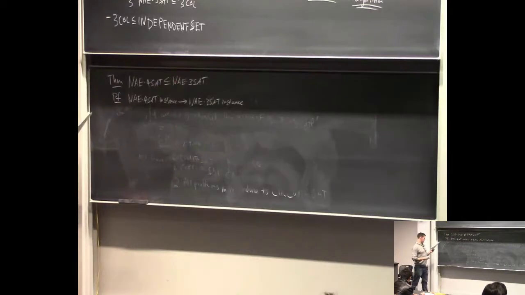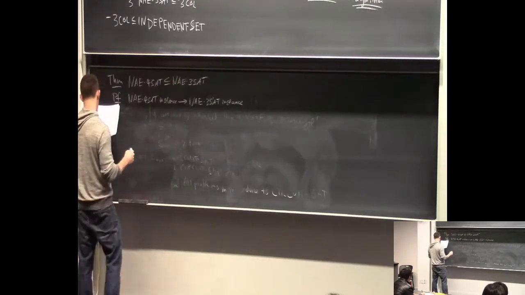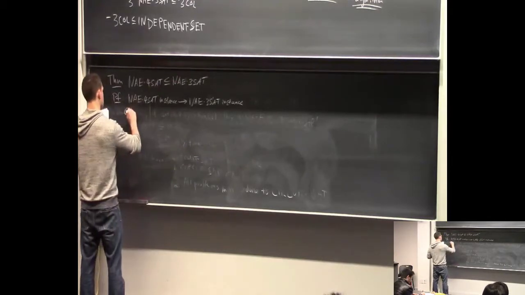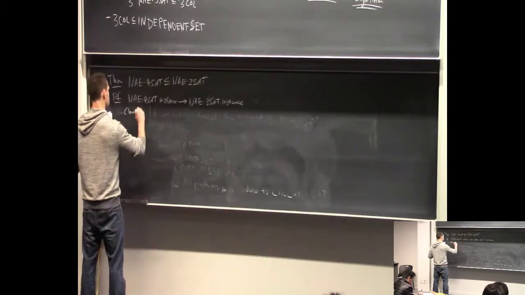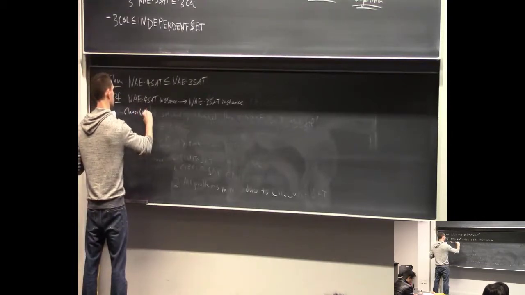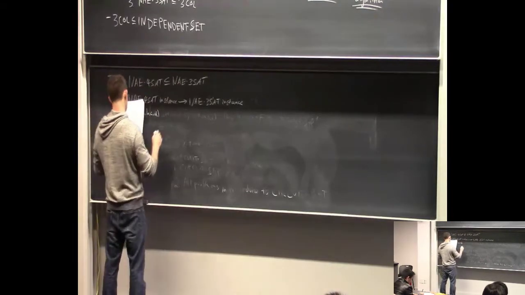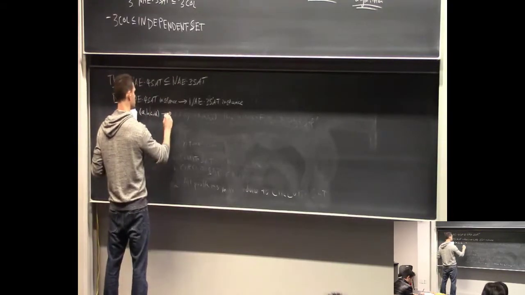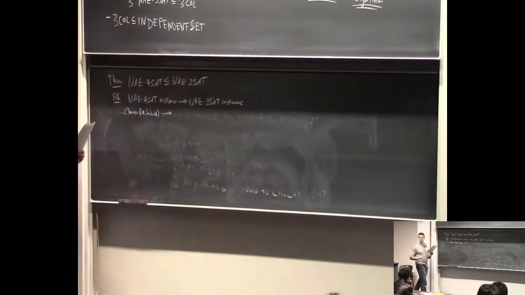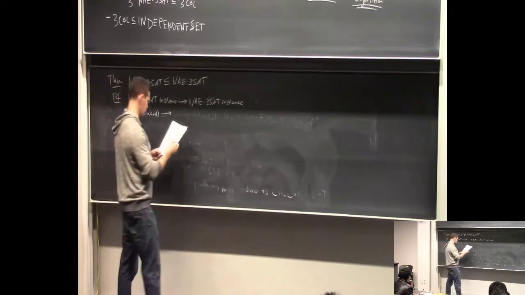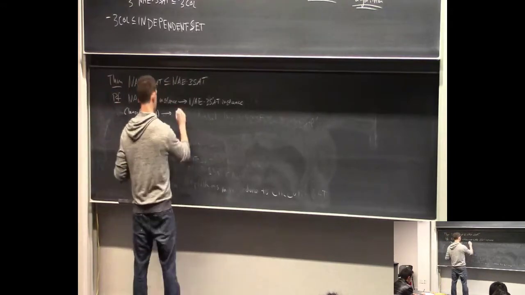And how are we going to do that? So let's consider clause A, B, C, D in my 4-SAT instance. I'm going to turn it into 2 clauses in my 3-SAT instance. So I'll double the number of clauses. And what are those clauses going to be? Well, they're going to look like this.